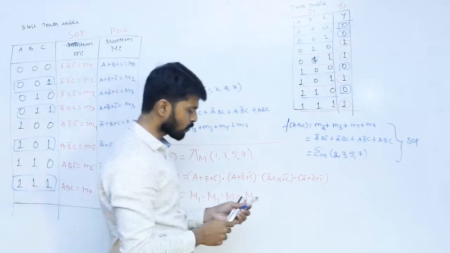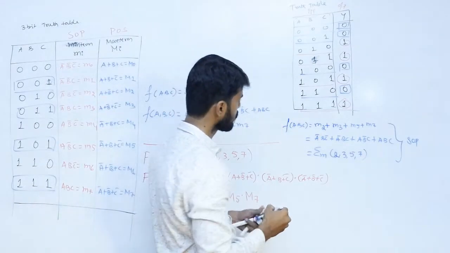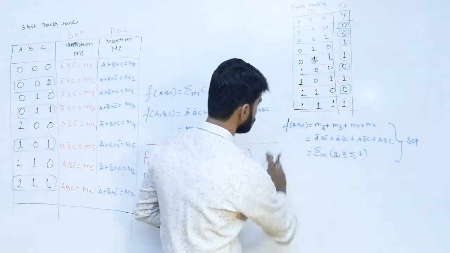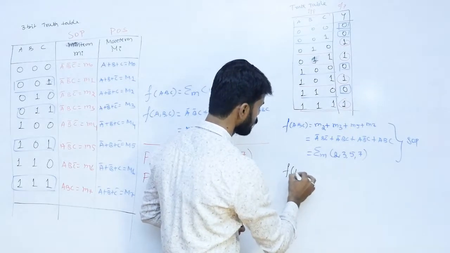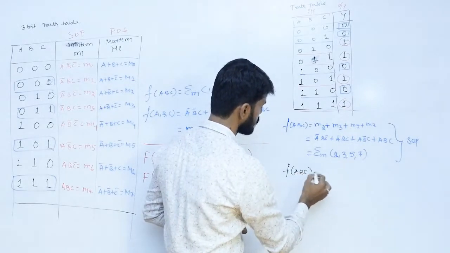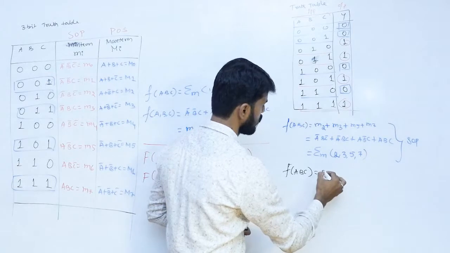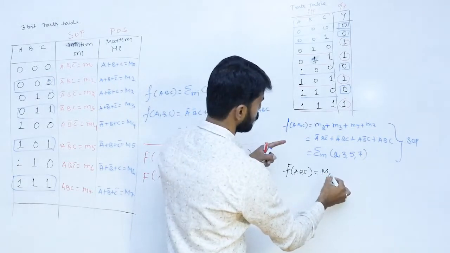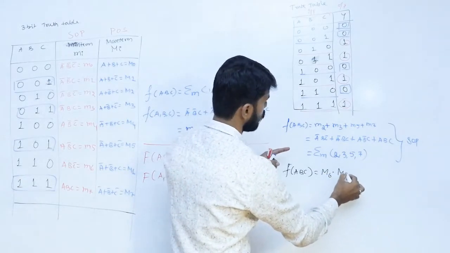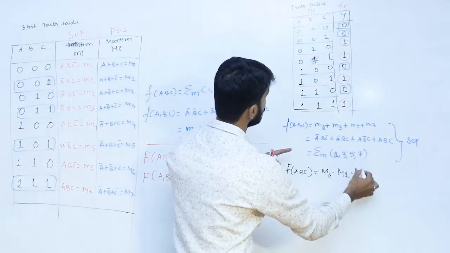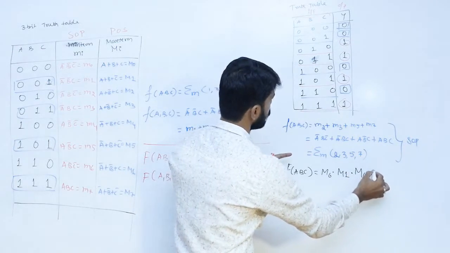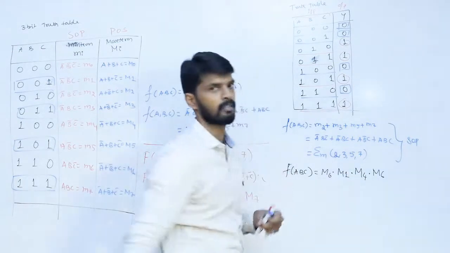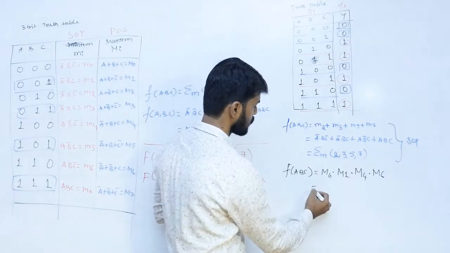So now if I want to write the final equation, f of ABC equal to M0 into M1 into M4 into M6.